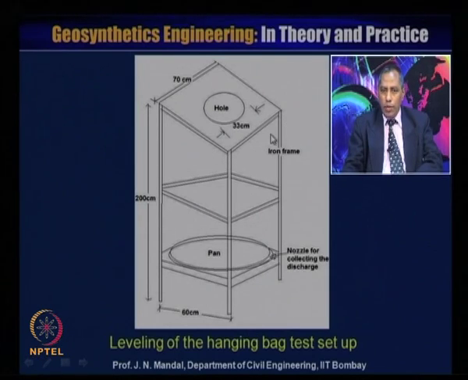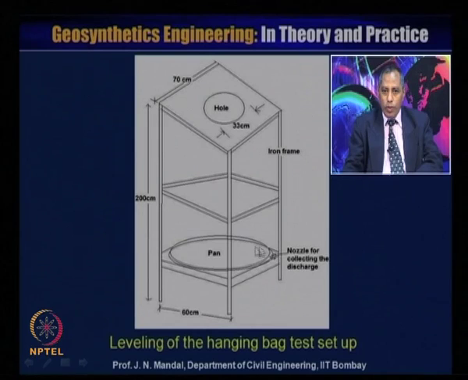So this is the frame, and this is about 60 centimeter and this is 200 centimeter, and the top is 70 centimeter by 70 centimeter, and there is a hole with a diameter of about 33 centimeter, and this is all a steel iron frame.